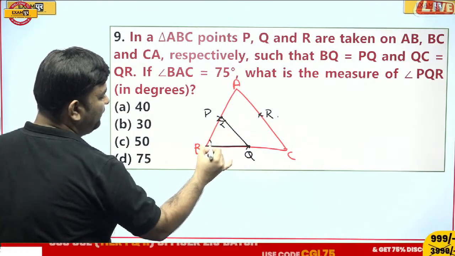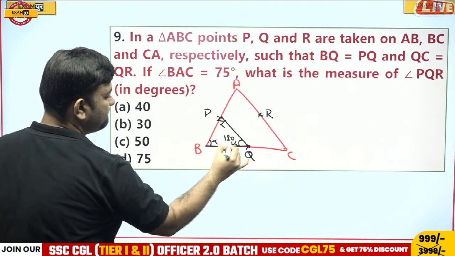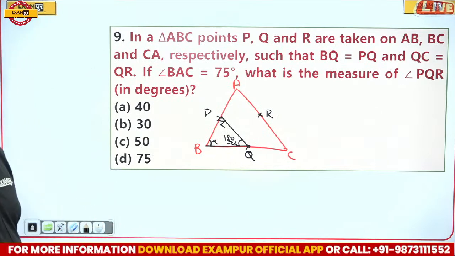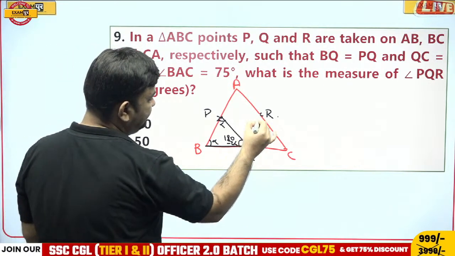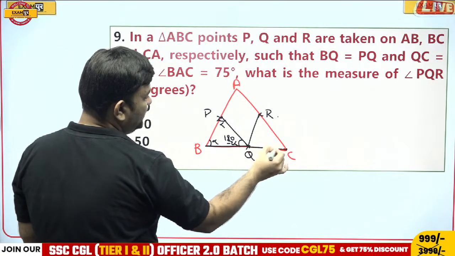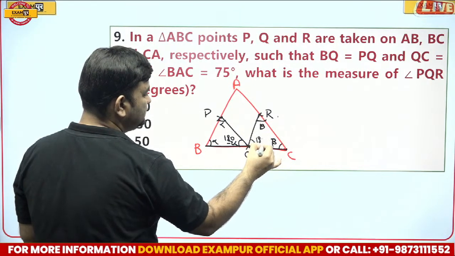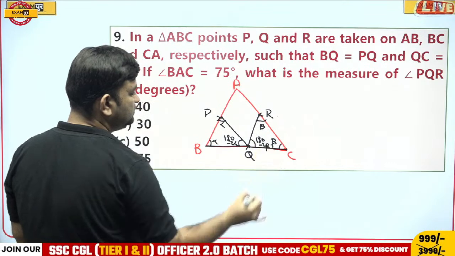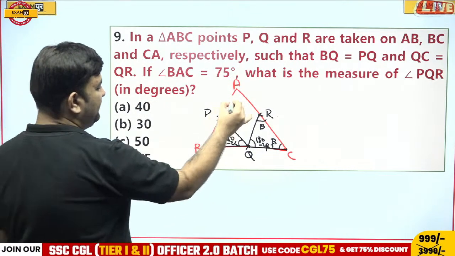So the angles are alpha and 180 minus 2 alpha. Good evening, Sai. QC is equal to QR. So beta and 180 minus 2 beta. And angle BAC is 75.